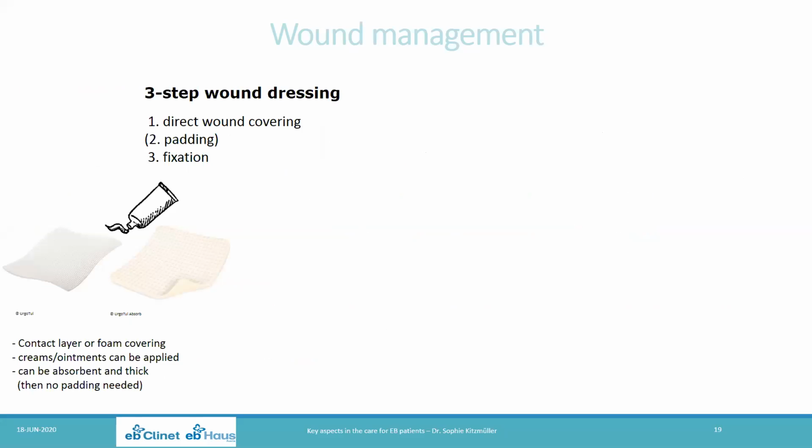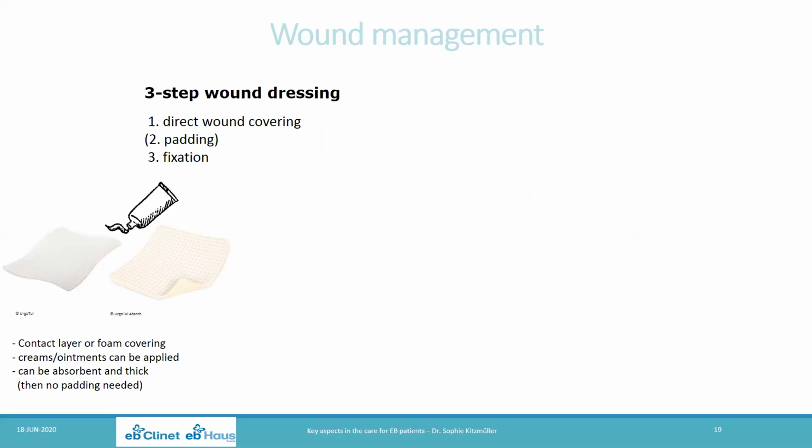The direct wound covering can either be a contact layer, as I said before, where you apply the creams or the ointments that you want to use and then apply directly to the wound. These can either be simple contact layers or meshes, or can be thicker foam coverings if you want to.